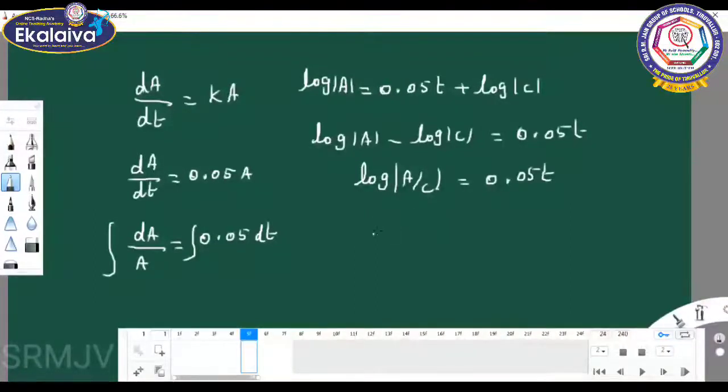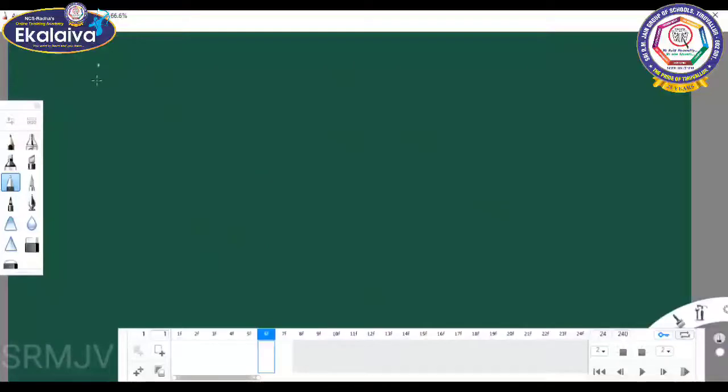Raising the power e on both sides, A by c equals e power 0.05 t, so A equals c e power 0.05 t. Starting when t equals 0, we invested the amount 10,000 rupees.